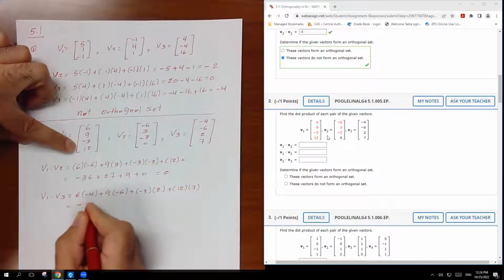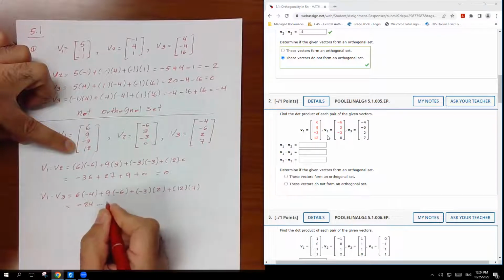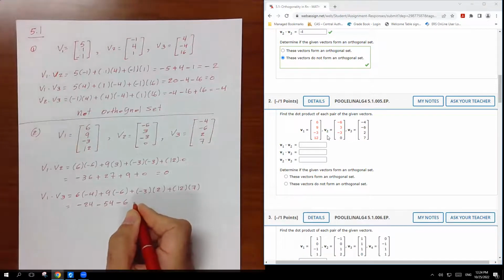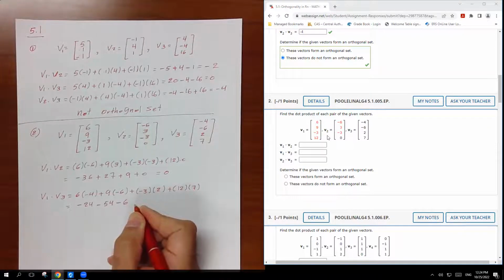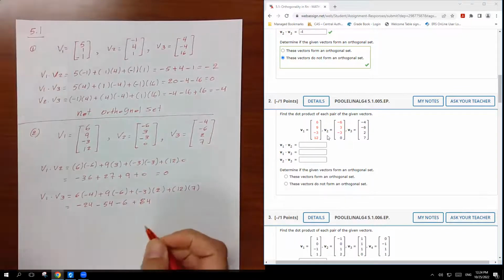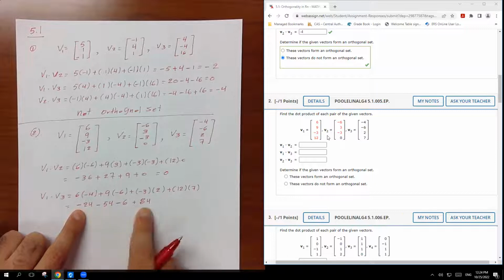And this one is going to be -24 and minus 54, and here is -6, and 12 times 7 is going to be 84. If you add these together, this is -84 plus 84.